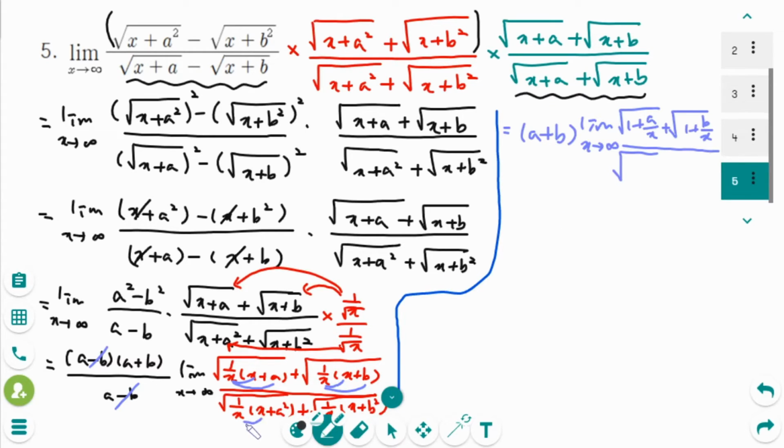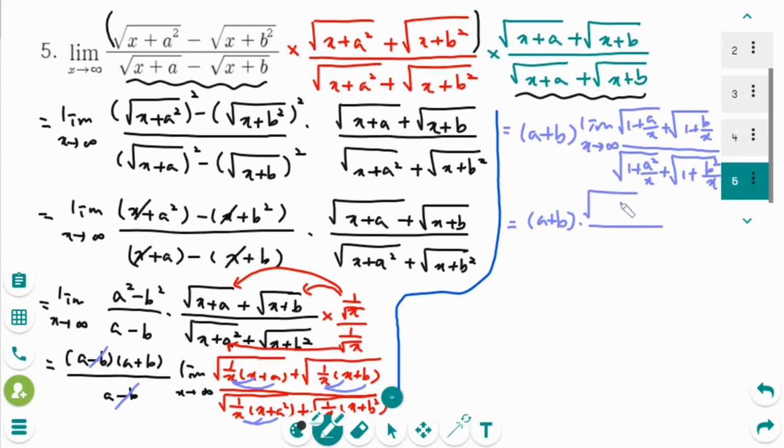This is 1 plus a square over x plus square root of 1 plus b square over x. This is a plus b, and put infinity into x.